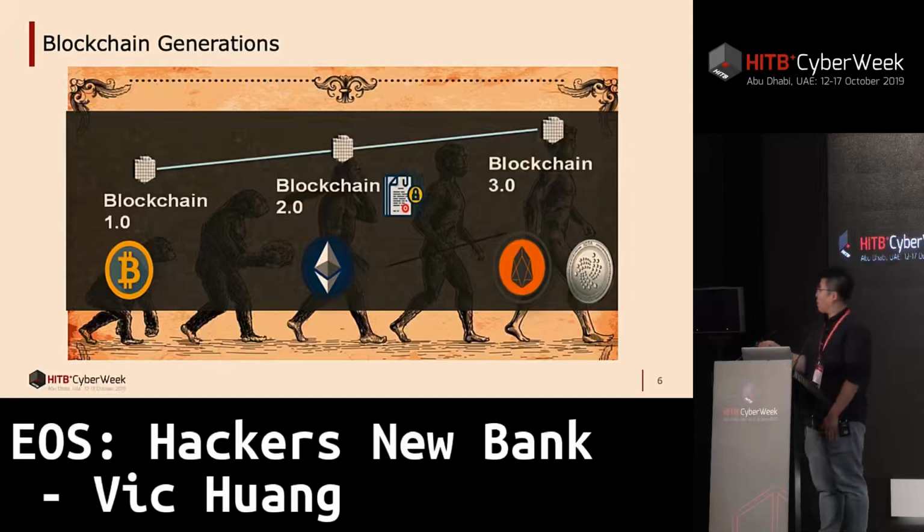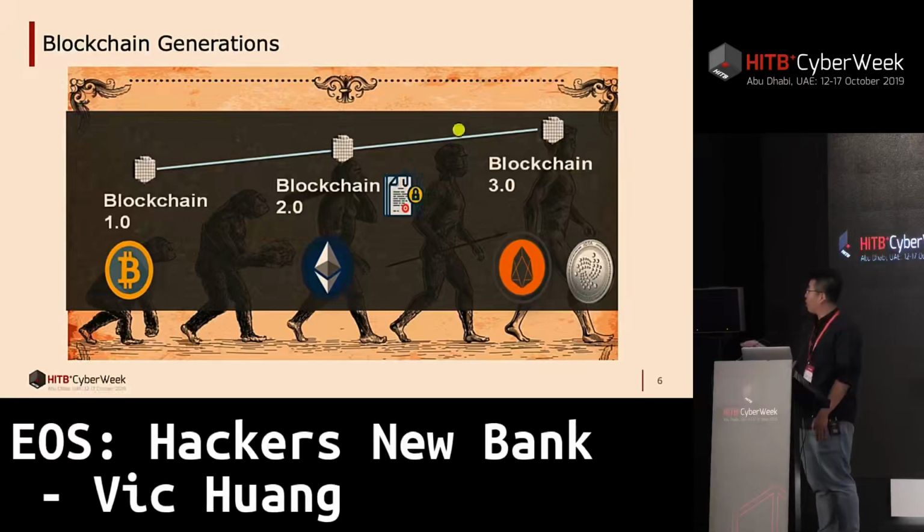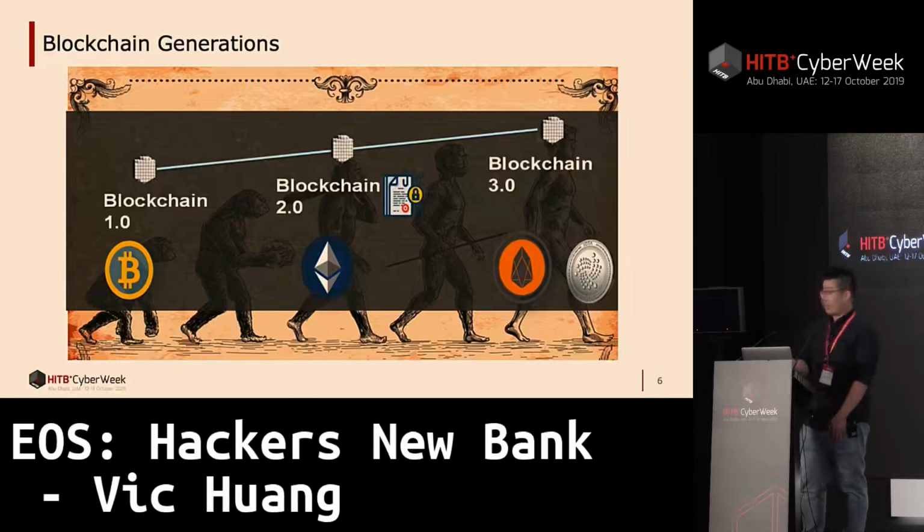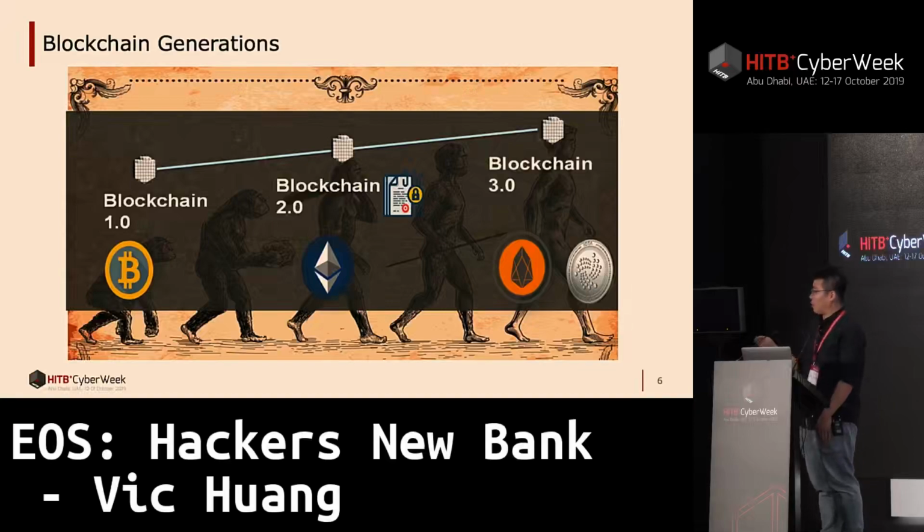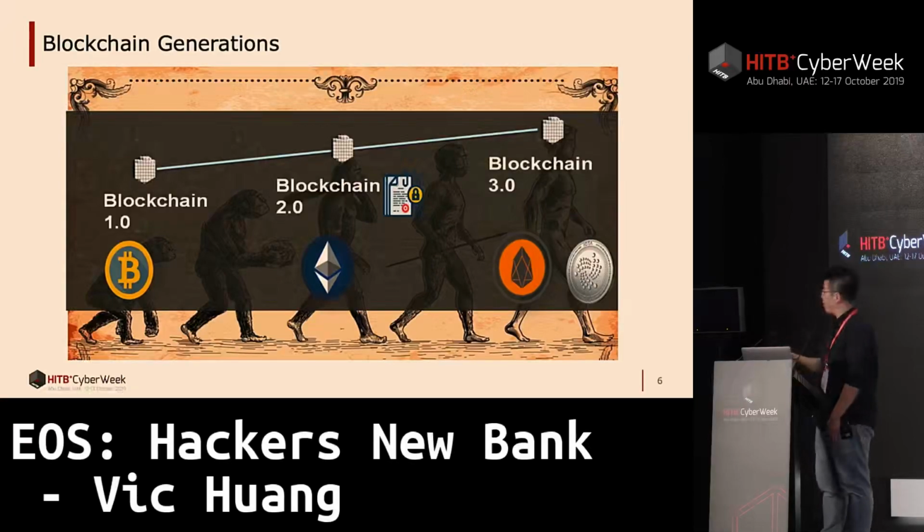But at the same time, because developers make mistakes, a lot of attacks started to show up on generation 2 blockchains. If you have heard of the DAO attack on Ethereum, it was a reentrancy attack, and it forced Ethereum to fork its chain into Ethereum and Ethereum Classic.